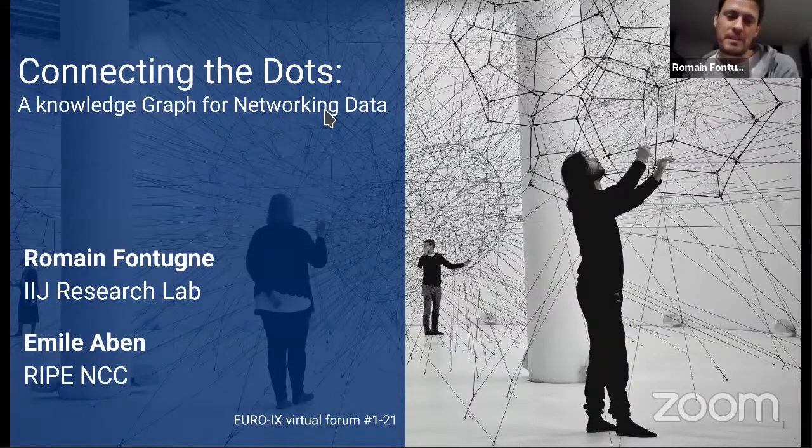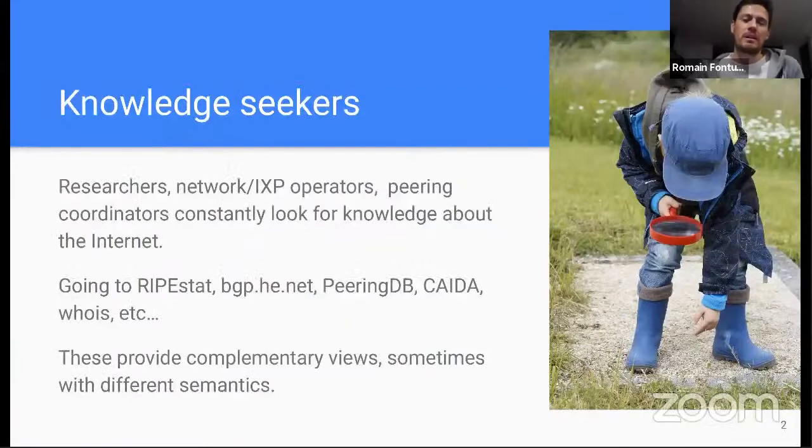So the premises of this work are quite simple. We, and here I just mean everybody on this call, we researchers, operators, peering coordinators, are constantly looking for knowledge about the internet. And this knowledge, we're going to use it in a daily task.